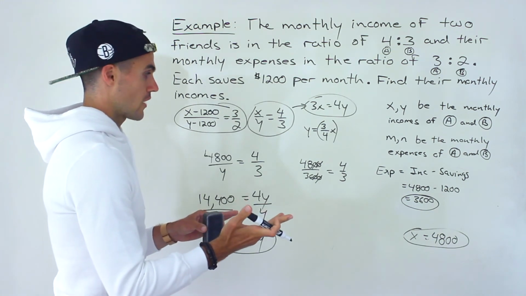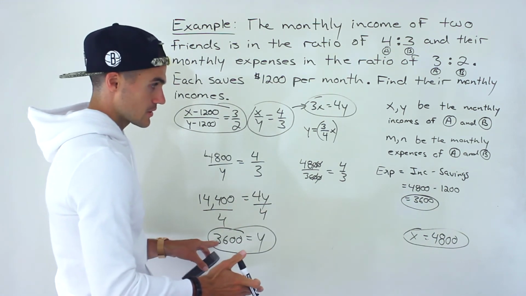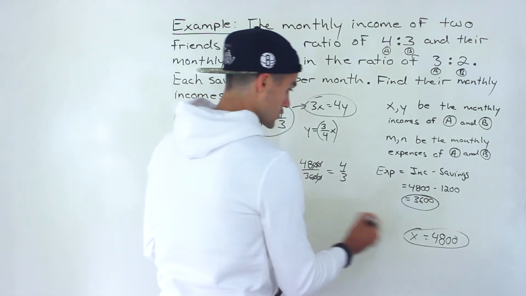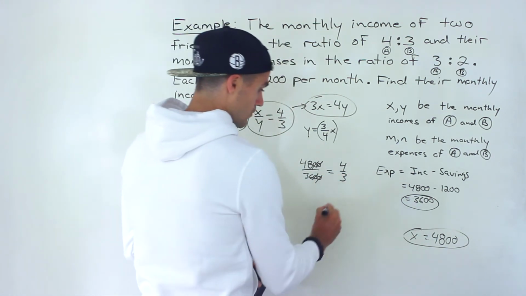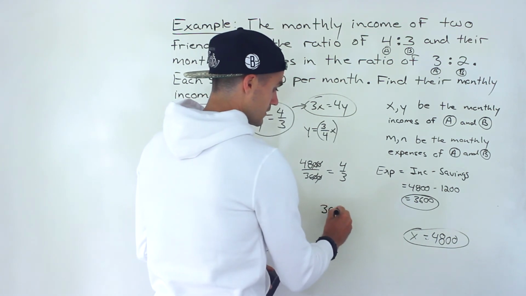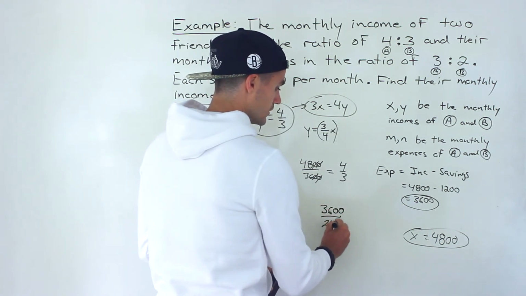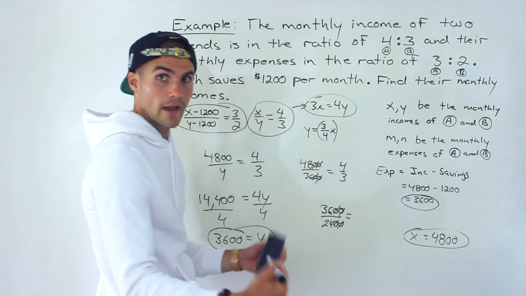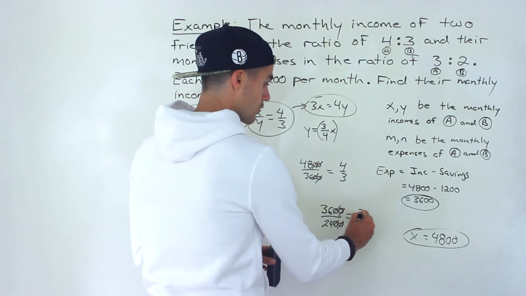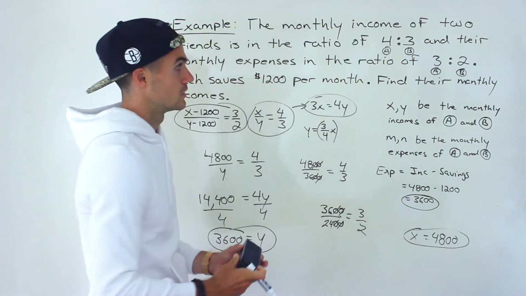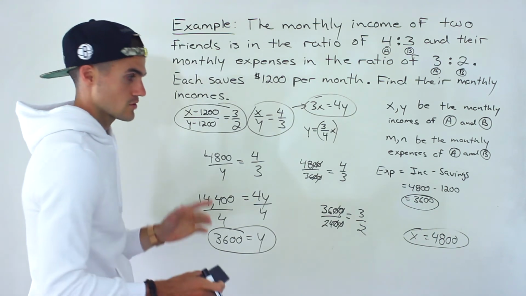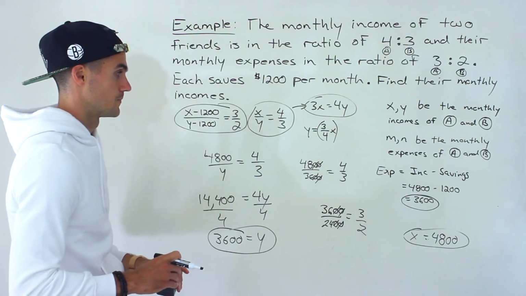And then friend B, their income is 3600, subtract their savings of 1200, their expenses would be 2400. So then 3600 over 2400, the zeros cancel out, we can divide both the numerator and the denominator by 12, so we'd get 3 over 2, which makes sense. That's the ratio that we were given in the question. So there's ways to check your answer too.